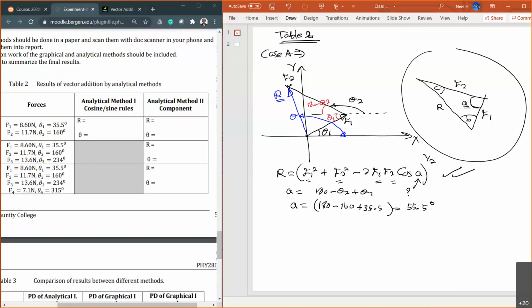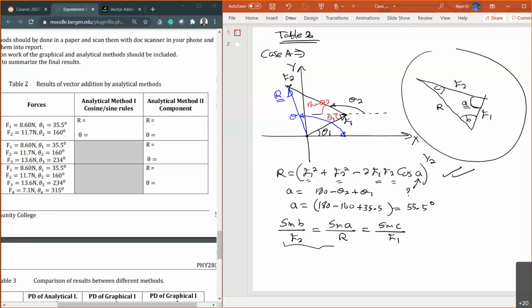So if I apply the sine rule here, I can say sine B over the side in front of that angle, F2. That ratio is equal to sine A divided by R, and similarly equal to sine C over F1.